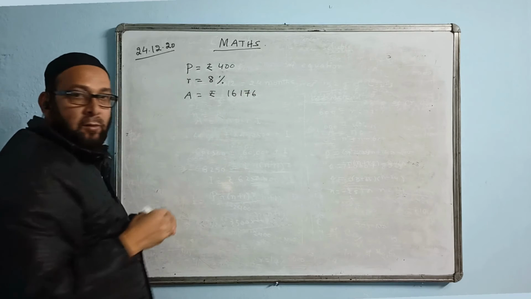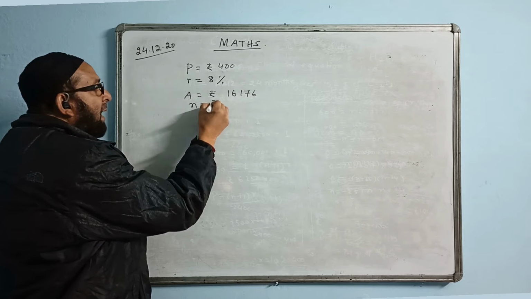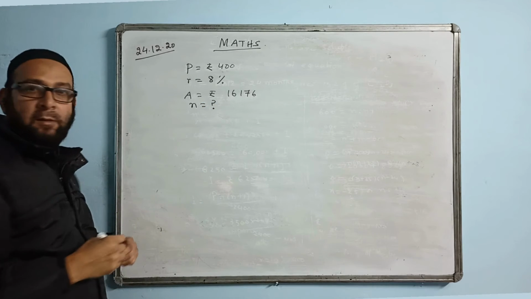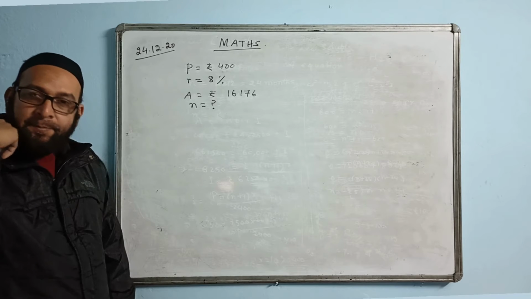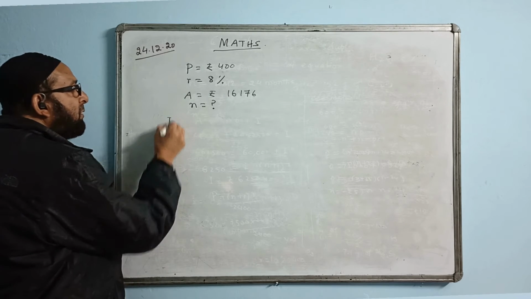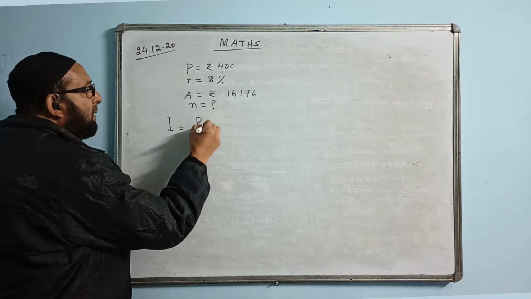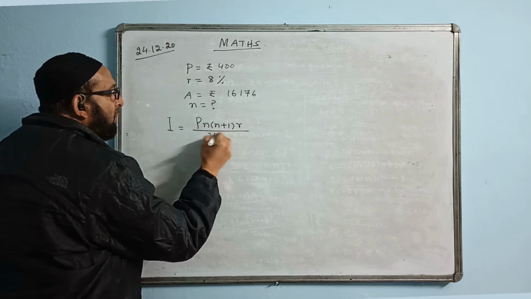I write that value. N is unknown, time is unknown. We have to find the value of time. Okay, we will begin the problem by using the formula of I. The I formula is P n into n plus 1 into R divided by 2400.